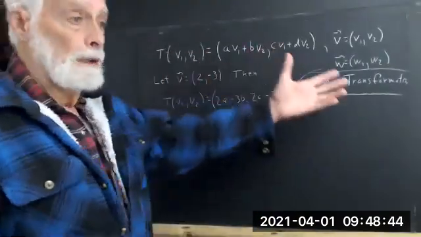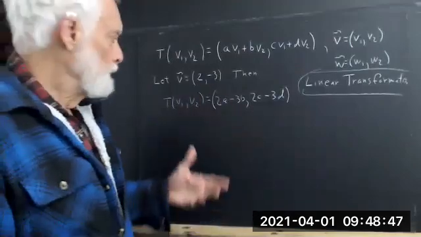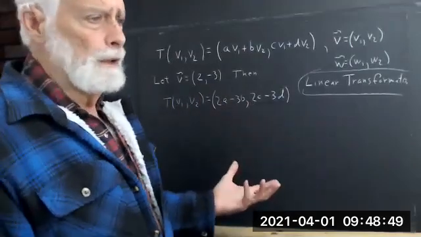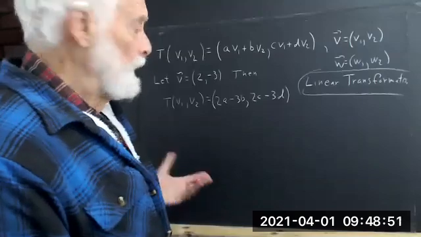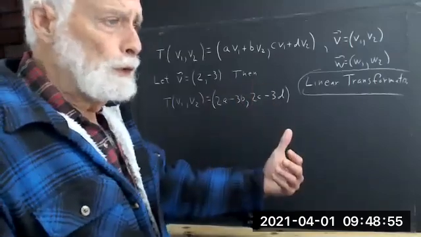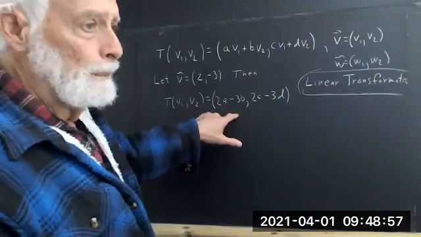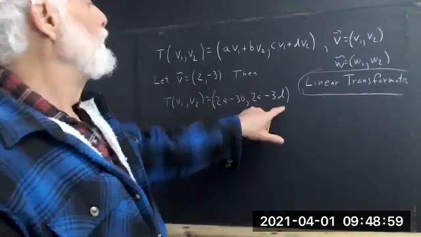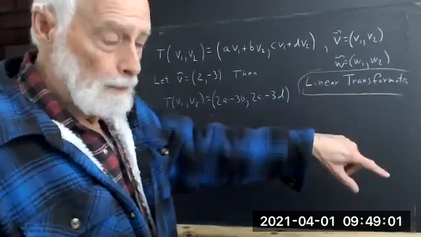Now, depending on the values of A, B, C, and D, the result here could be any vector at all in the plane. In other words, if I want this vector to equal 7, -42, I put 2A minus 3B equal to 7, and 2C minus 3D equal to -42.